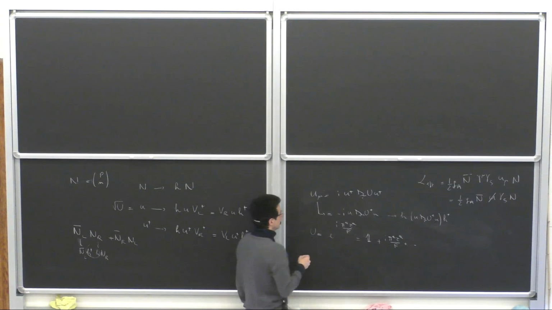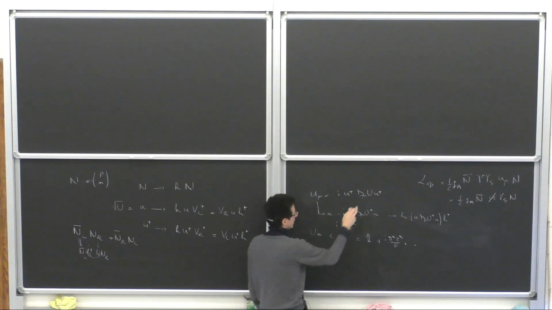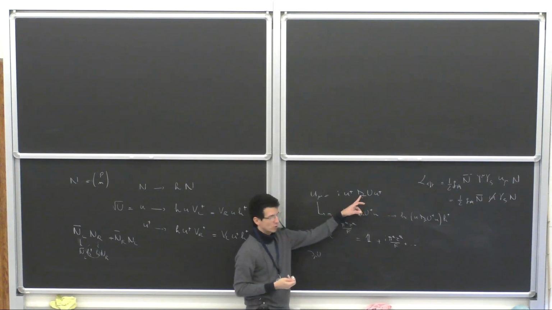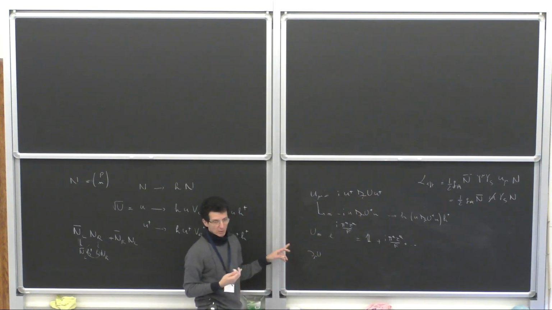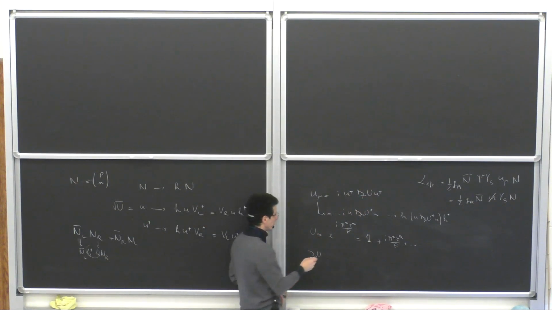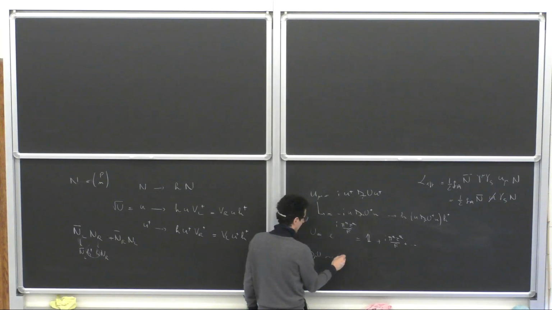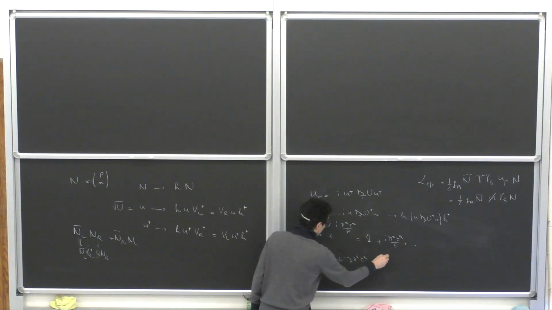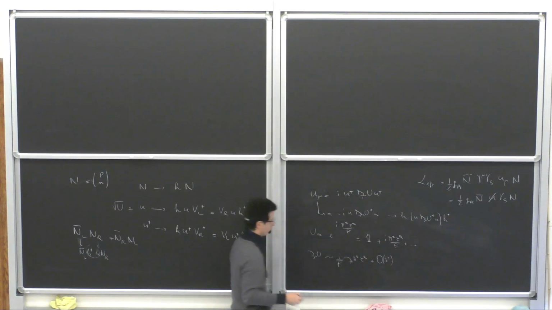Okay? So d_mu U, which is contained in this covariant derivative, in the absence of the external currents, the covariant derivative is the same as the ordinary derivative. d_mu U is something like i over f d_mu pi^a tau^a plus terms with two powers of pion fields.